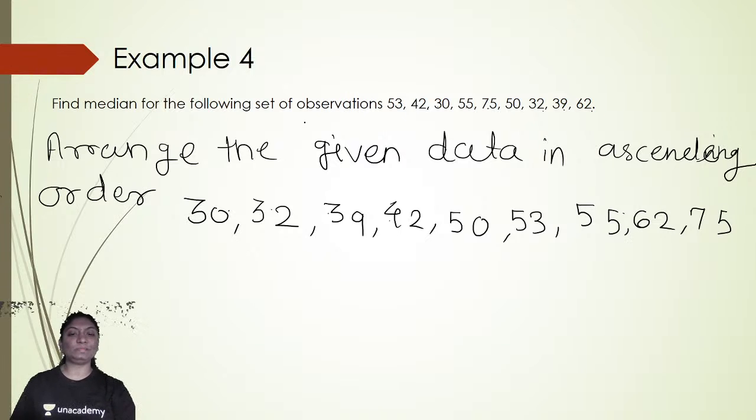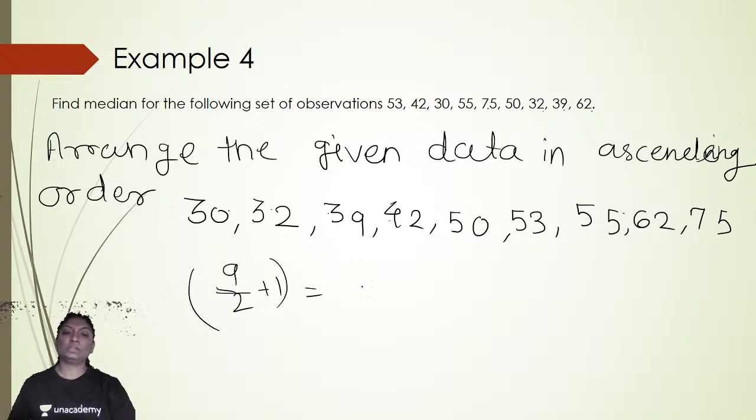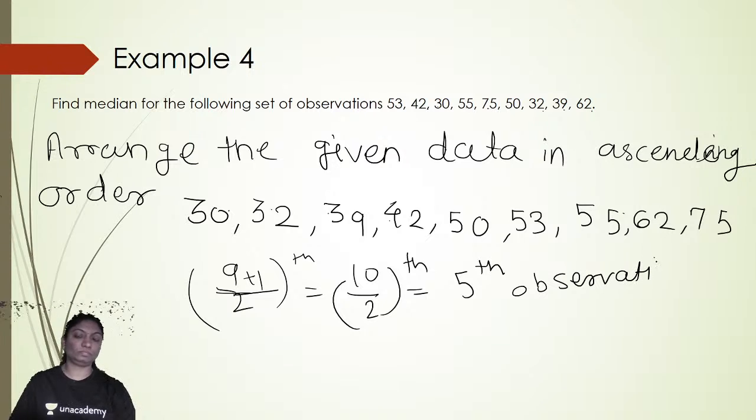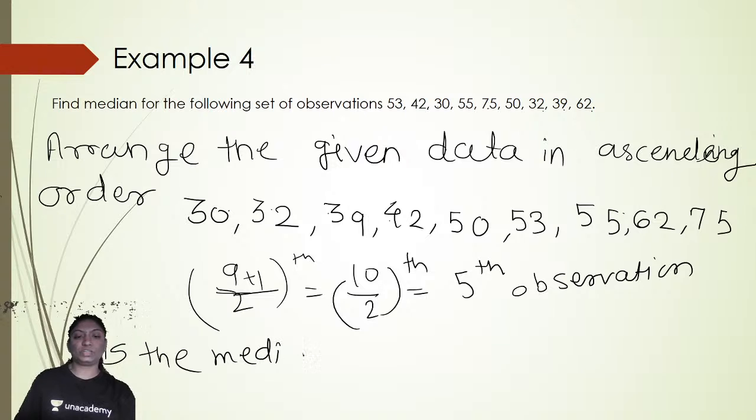Okay, so which is the median? There are 9 observations. So among 9 observations, the 9 plus 1 by 2th observation is the median if n is odd. So that is 10 by 2, the fifth observation is the median.